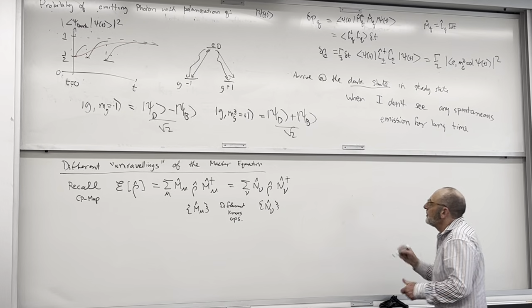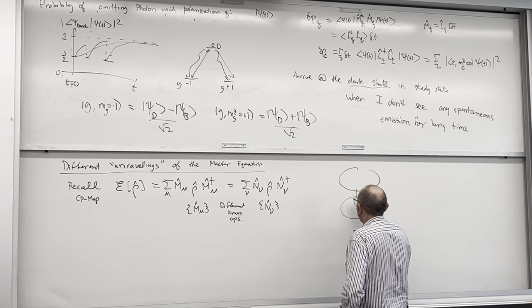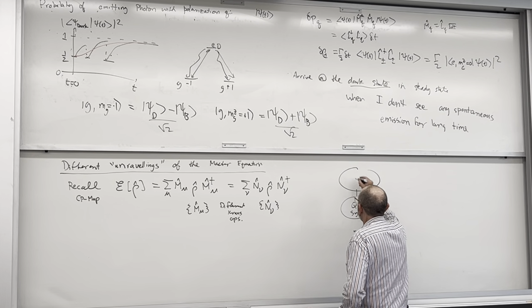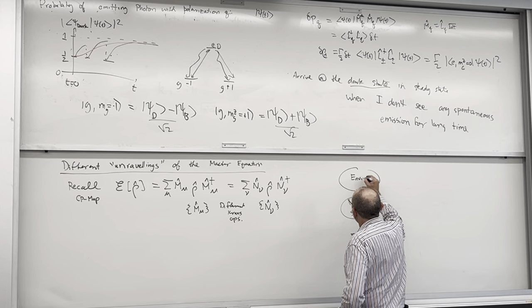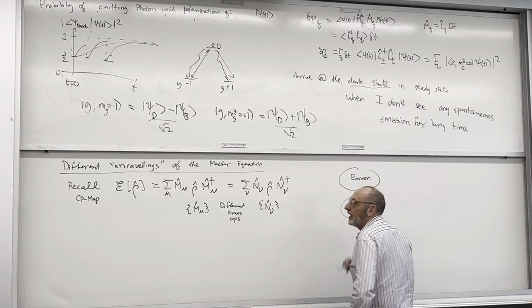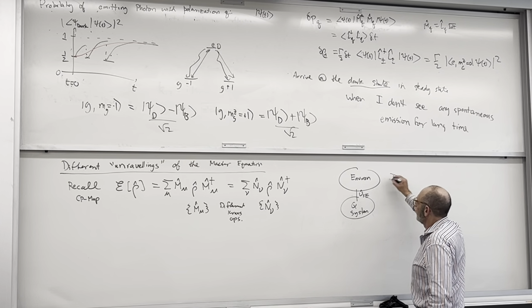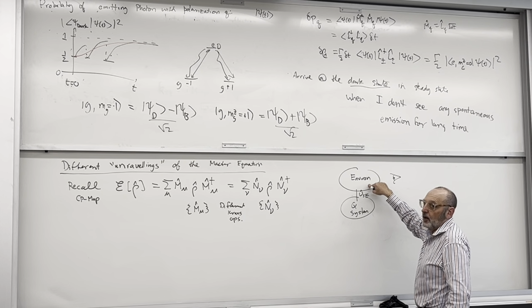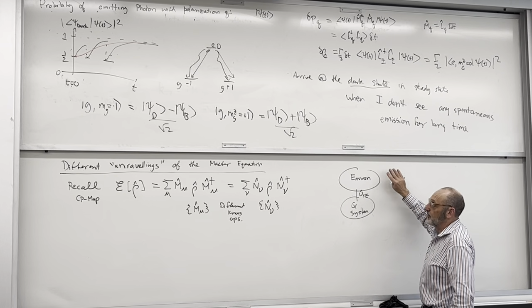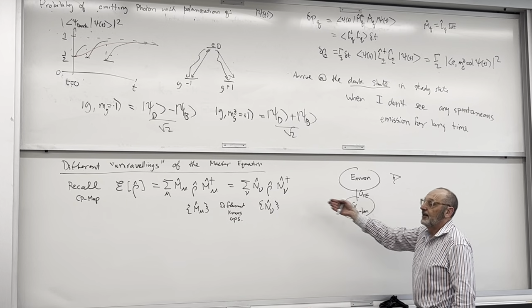Why? Because we remember that the map is associated with the interaction between the system and the ancilla. Here the ancilla is being called the environment, with some unitary interaction between them. And then we look at the environment. Well, if we don't look at the environment, then the evolution of the system alone is this.